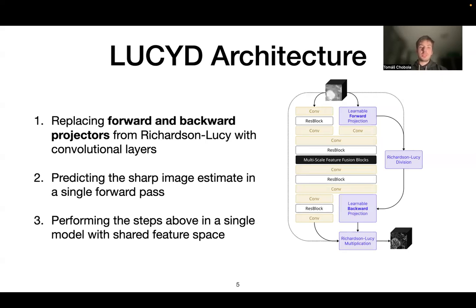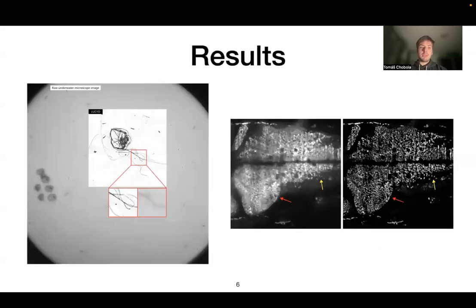We do those steps in a single model where each step has a shared feature space with the other. And finally, when we obtain the sharp image estimate and the update step, we multiply them to get the final deconvolved image.